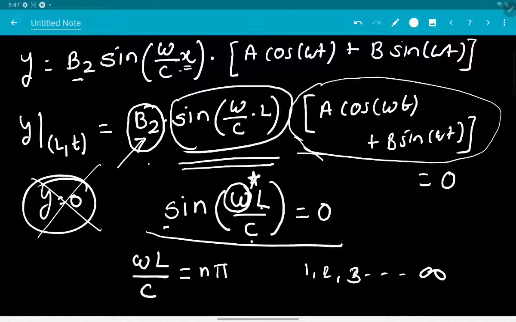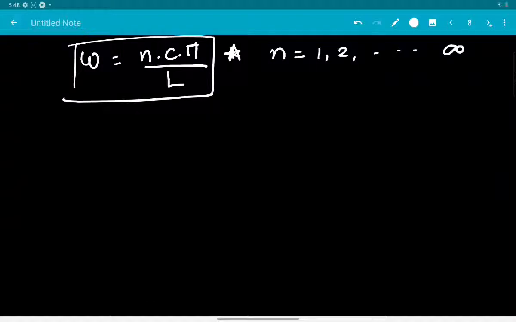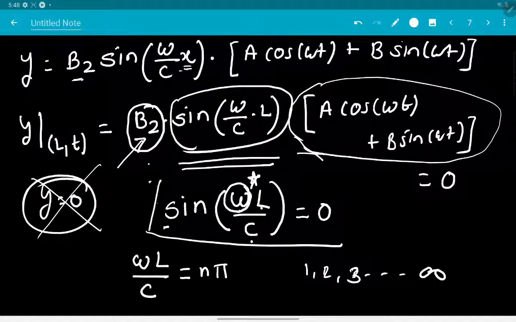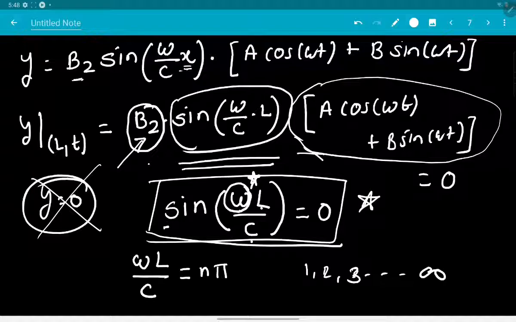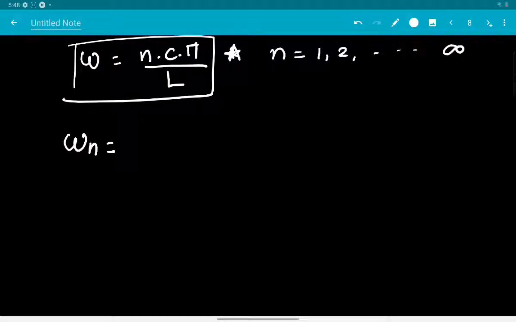This condition will be satisfied if you pick any one of these omegas, and these are called the natural frequencies of our system. So we have obtained natural frequencies for which this condition is satisfied. Since this condition is satisfied, we are able to satisfy the boundary conditions. So essentially our problem, which is our differential equation plus boundary conditions plus initial conditions, has a solution when omega takes these discrete but infinite values.